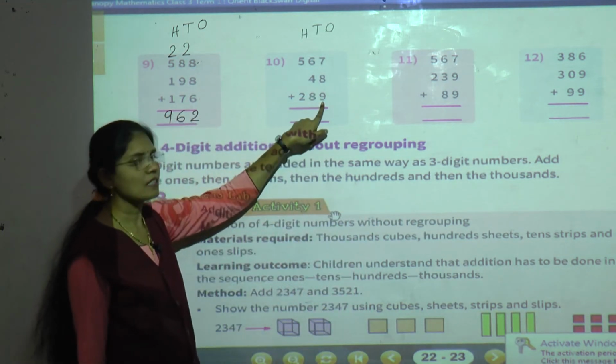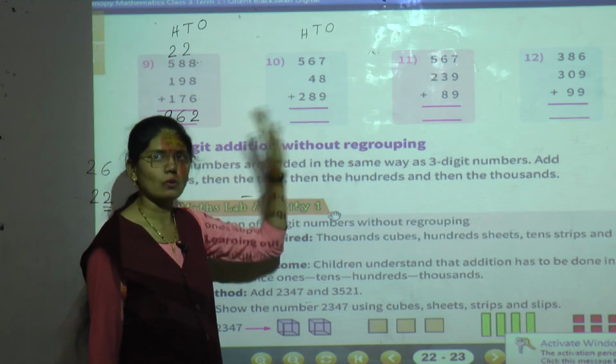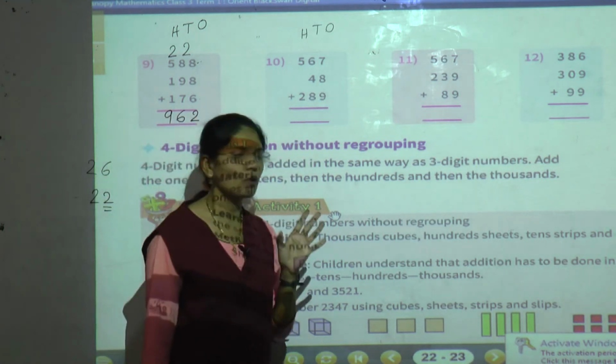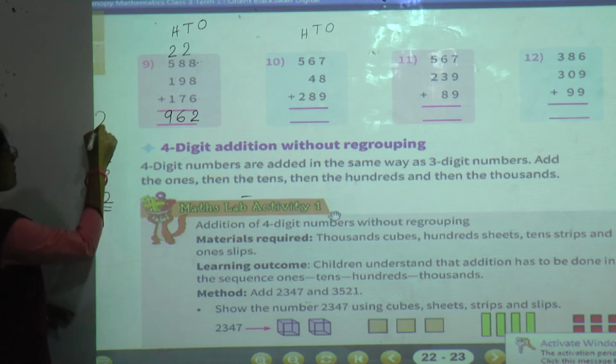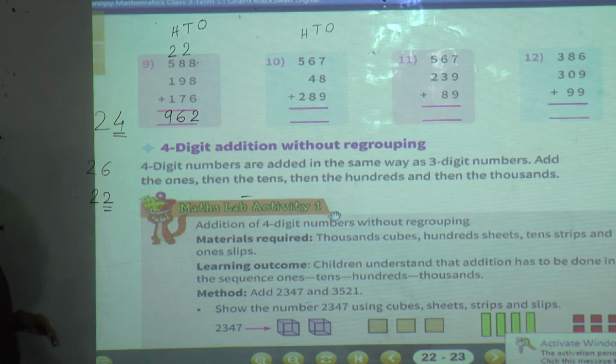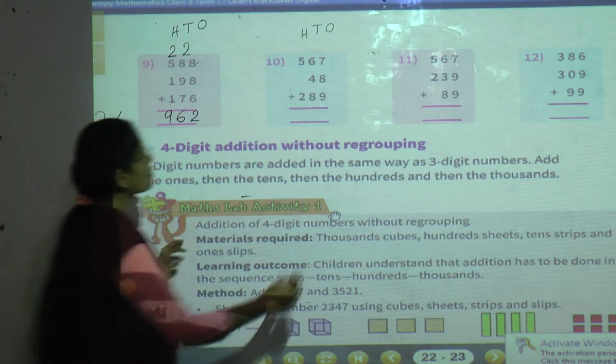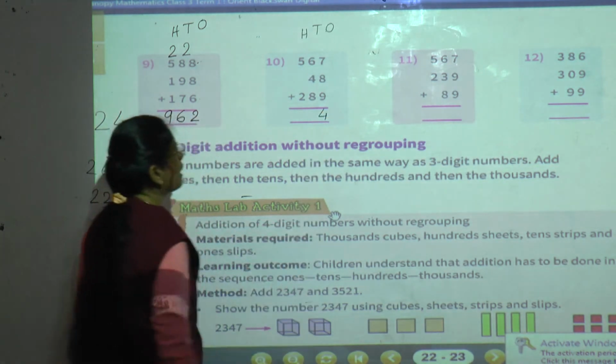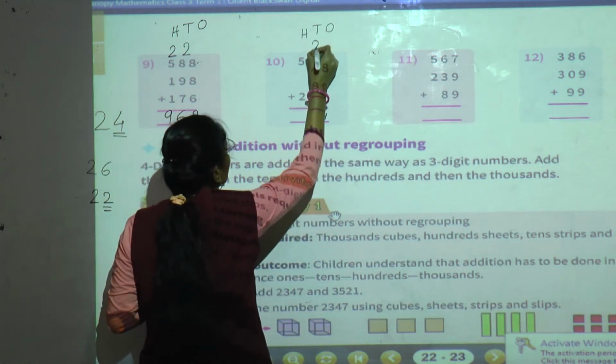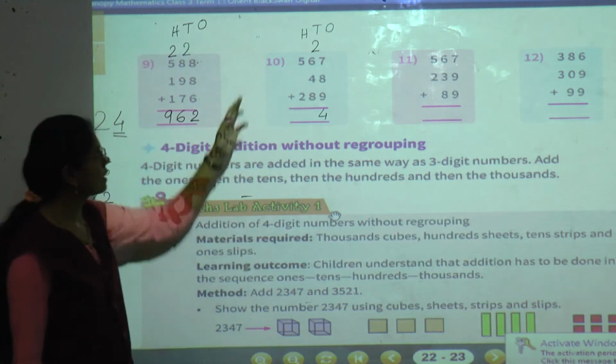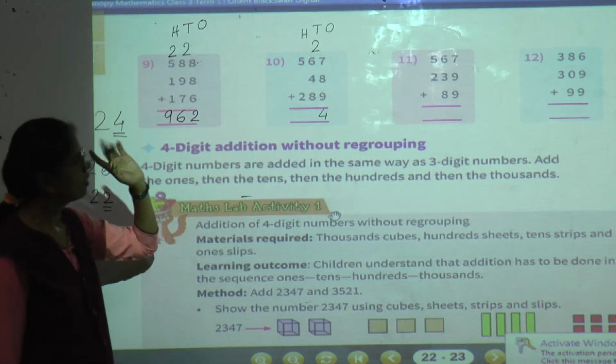So 15 plus 9, 24. Now if we see this 24, which number is there at ones place? Yes, 4 is there. So we will write 4 here and this 2 we will give as a carry to the next place, that is the tens place.